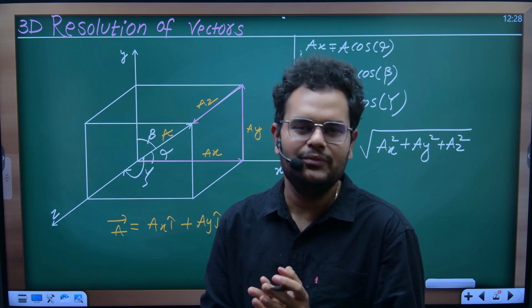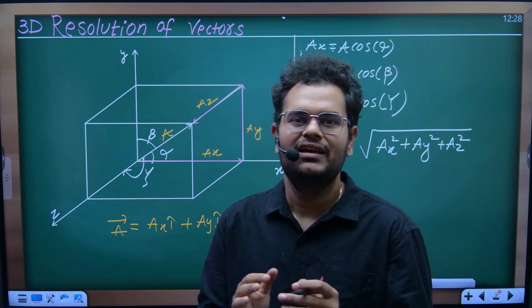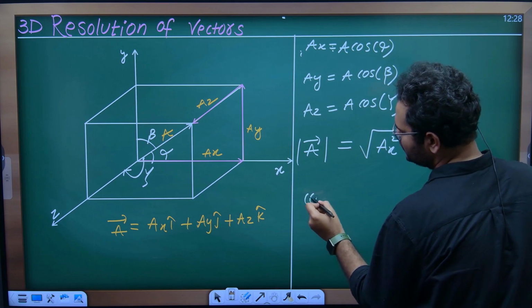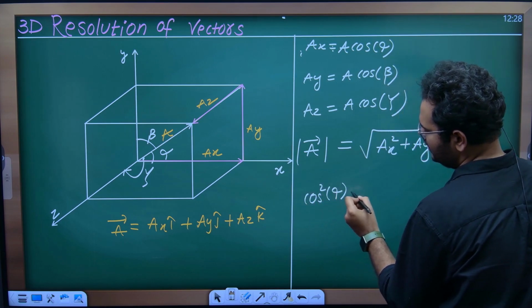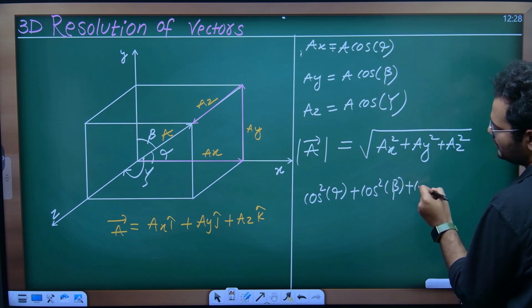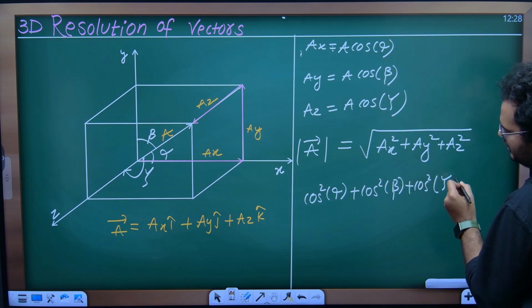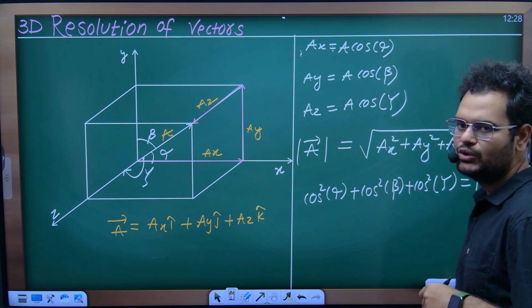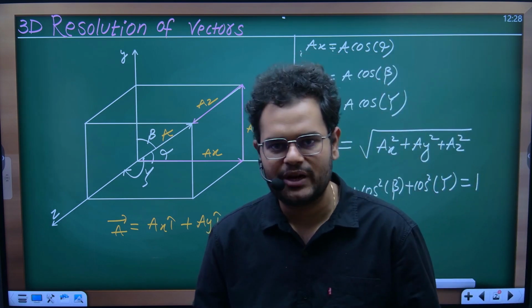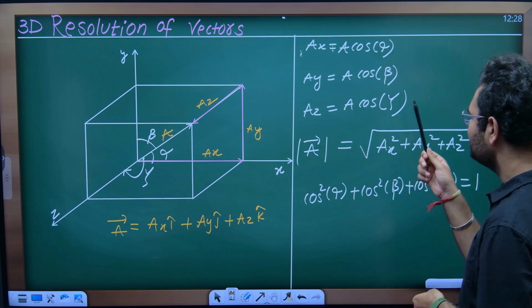Derivation can also be done, but specifically for NEET and JEE, we will skip that. What is that? Cos square alpha plus cos square beta plus cos square gamma, important result, is equal to 1. Derivations we can do, don't worry, but the numerical part is our primary. Okay, these formulas are important.